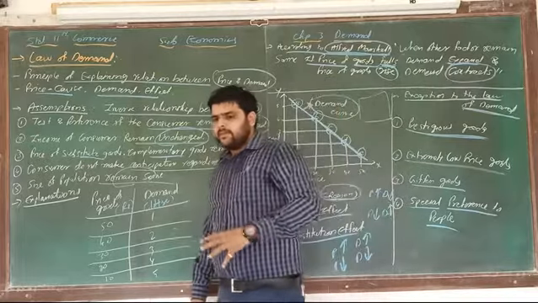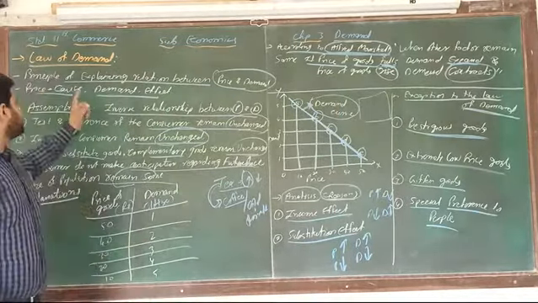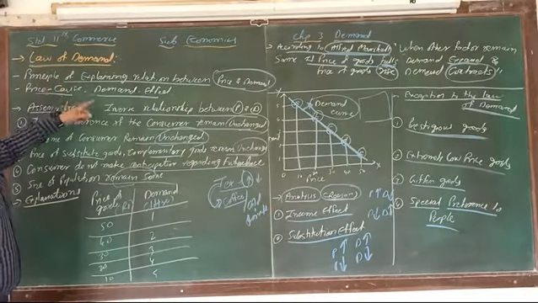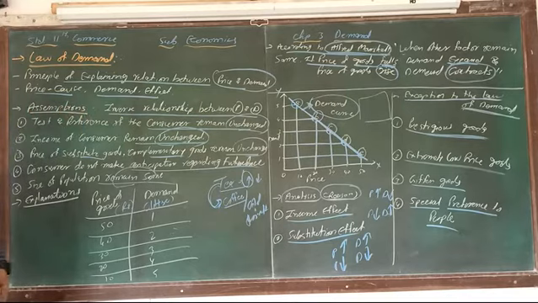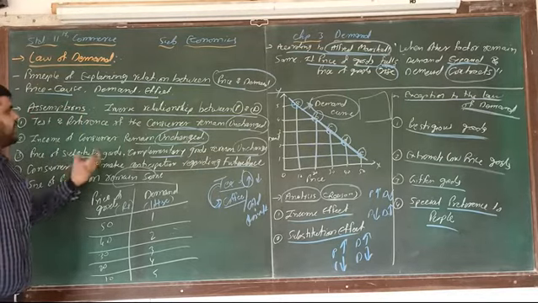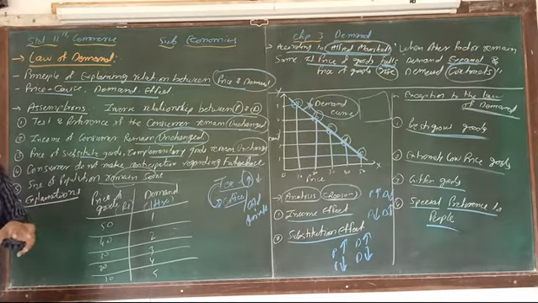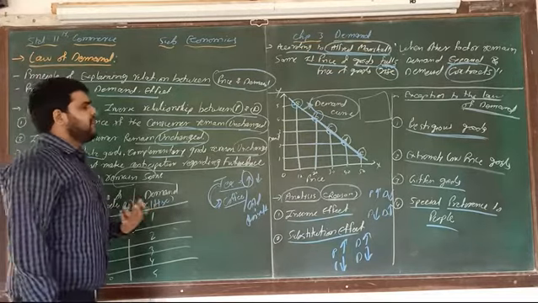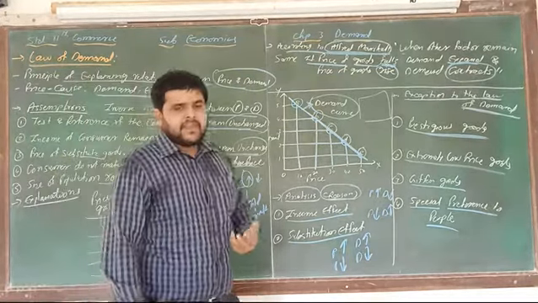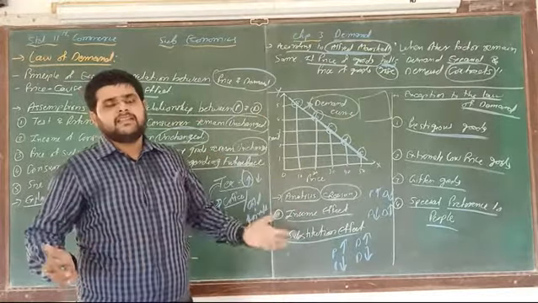So what we learned first of all is the law of demand. It shows the relation between price and demand. Here price is the cause and demand is the effect, because the main independent element is price. According to Alfred Marshall, when other factors remain the same, if price increases, demand contracts; if price decreases, demand expands.